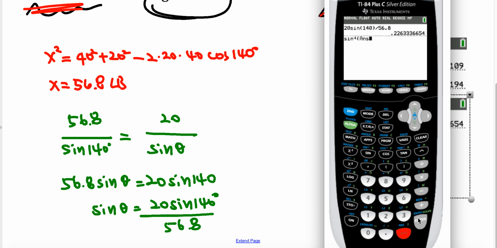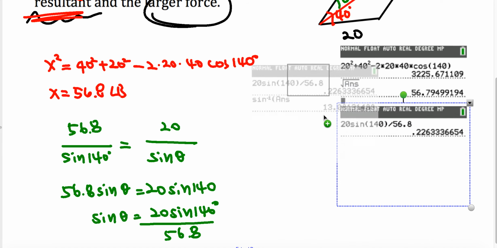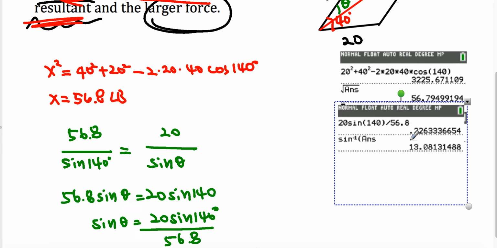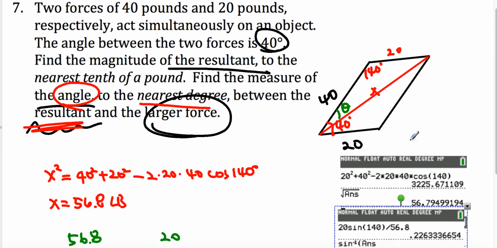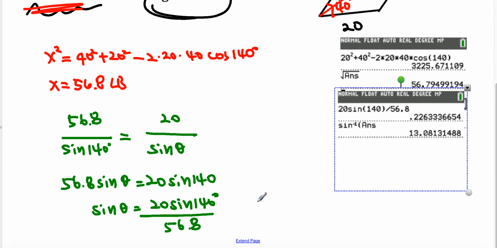The answer, which we just got, is 13.08. But in case of nearest degree, theta is about 13 degrees.